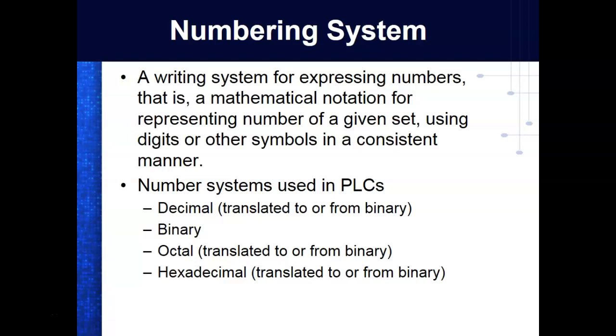So if I was trying to send you a binary number that looked like this, and I said, okay, and I gave you all a certain amount of time to write that down, how many would get that right? Well, what if I gave it to you like this?